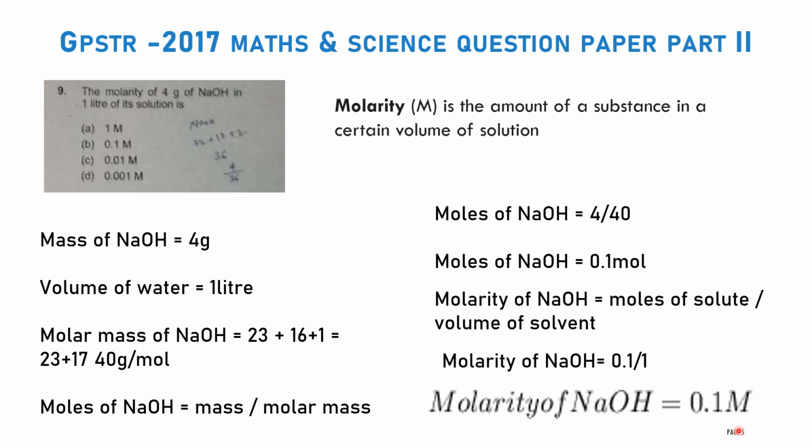Therefore, the molarity of sodium hydroxide is 0.1 molar. These important formulas you have to remember, then substitute, and you will get the answer. Therefore, the correct answer is that the molarity of 4 grams of sodium hydroxide in 1 liter of its solution is 0.1 molar.